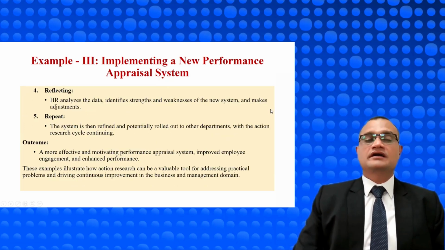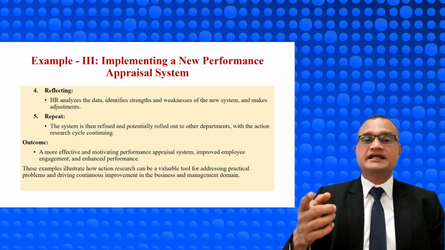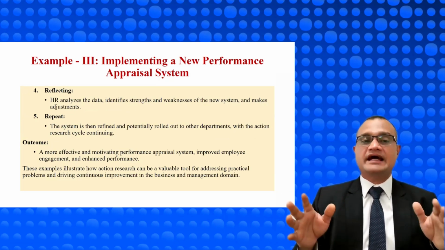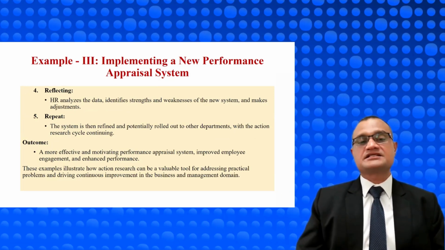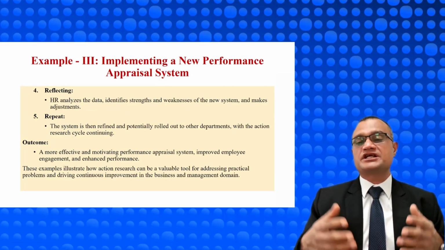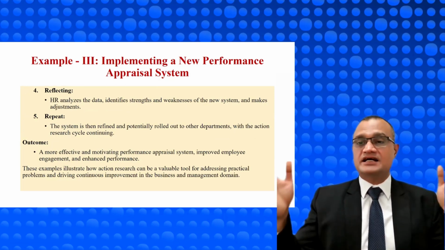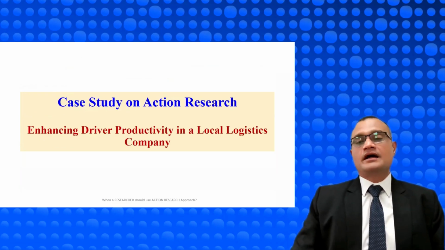Number four, reflecting: HR analyzes the data, identifies strengths and weaknesses of the new system, and makes adjustments. Repeat: the system is further refined and potentially rolled out to other departments, with the action research cycle continuing. Obviously, the outcome would be a more effective and motivating performance appraisal system, improved employee engagement, and enhanced performance.